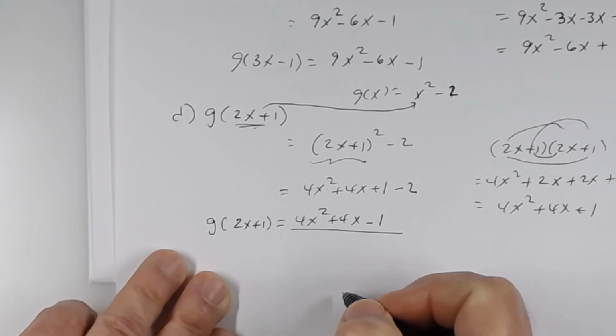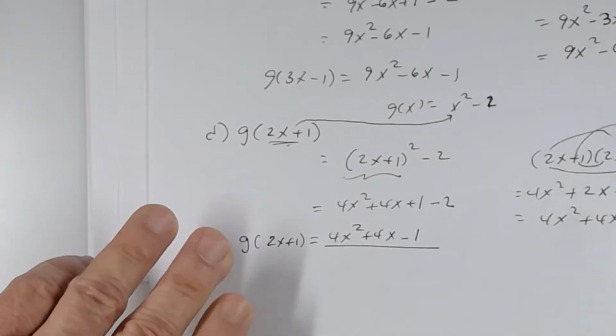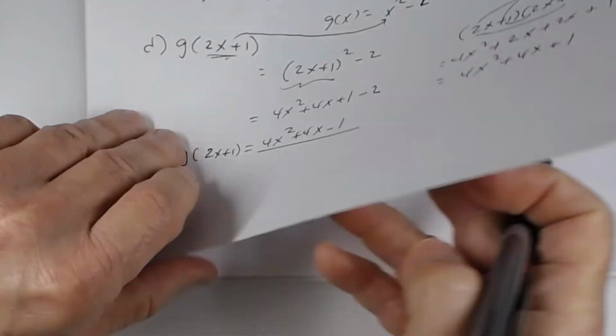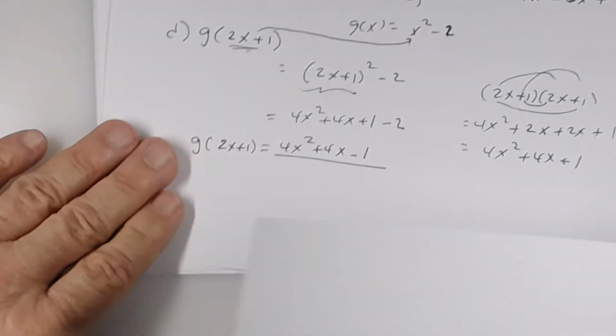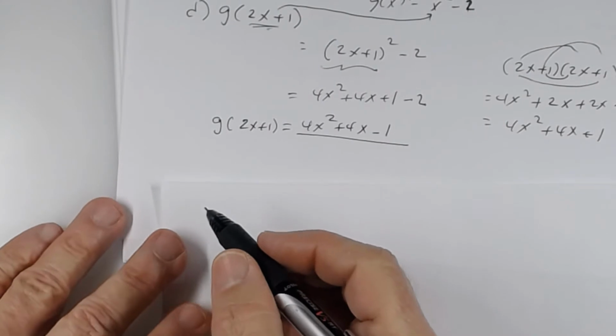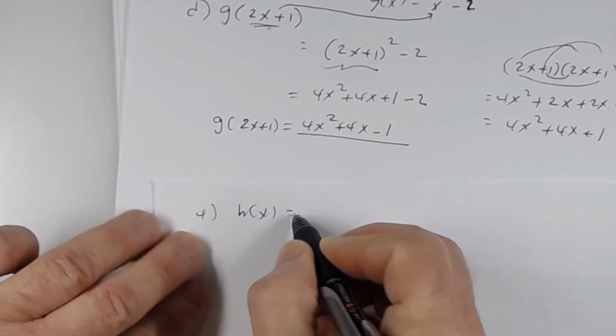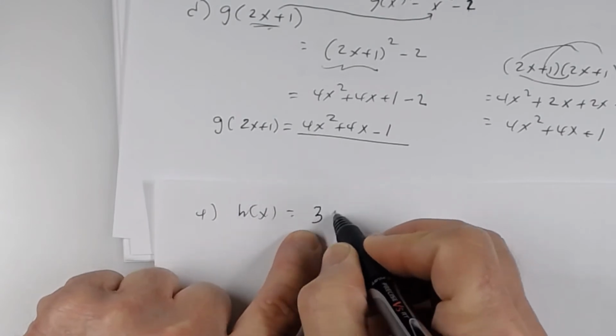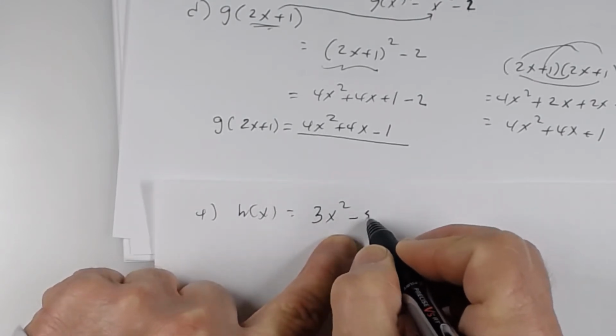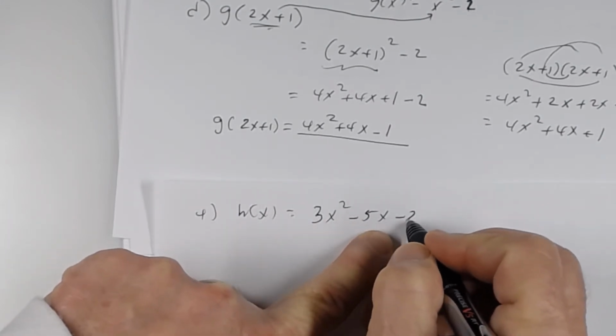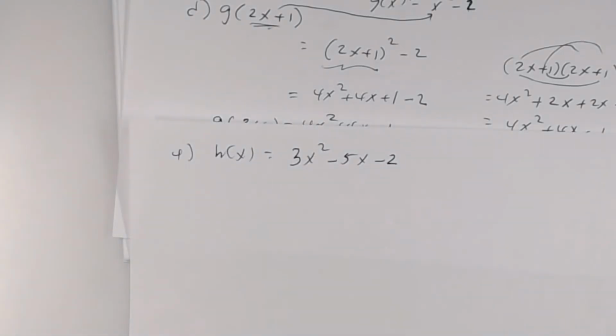Okay? All right, let's do number 4. Suppose in number 4, I had this. h of x is 3x squared minus 5x minus 2.